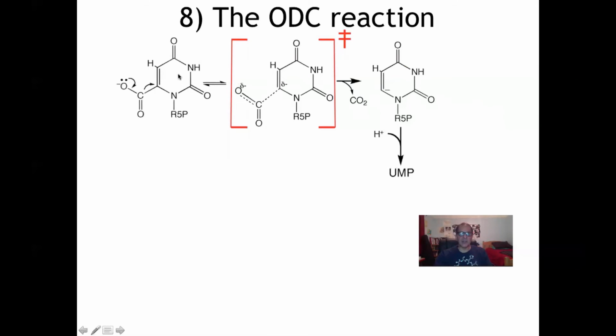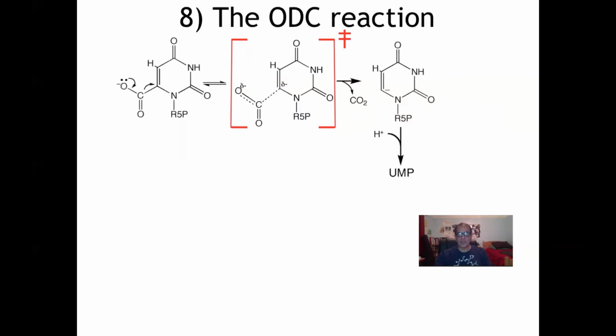So here is the OMP decarboxylase reaction. Here's OMP. We just are abbreviating the ribose 5-phosphate portion as R5P. And so here then is the uracil ring with this extra carboxylate group attached to the 6 carbon. And in the decarboxylation reaction, we think what happens is that these electrons move in here, and these electrons then move out here onto the C6 carbon atom. And so in the transition state, we're forming this double bond while we're breaking this bond between this carbon atom and this carbon atom.